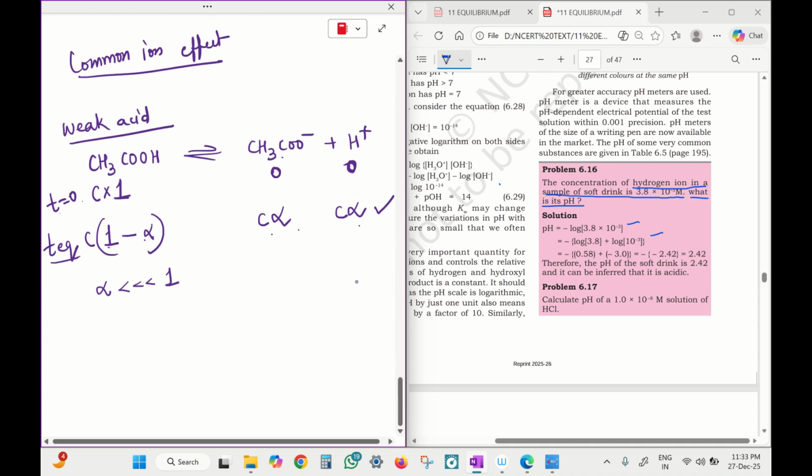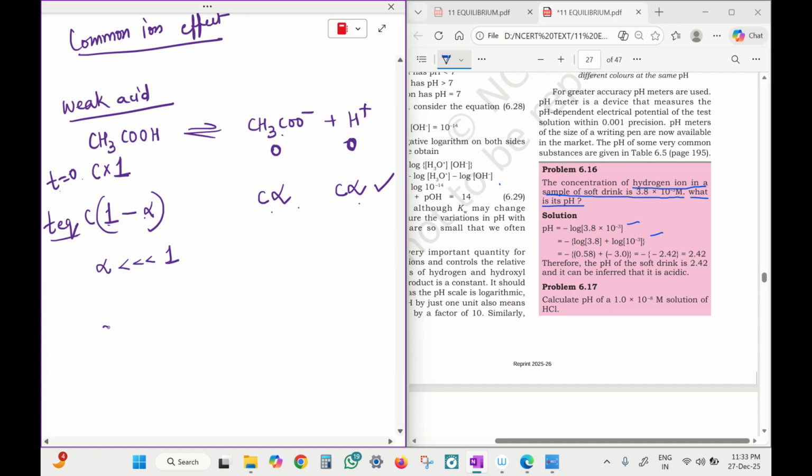Once again, coming back to common ion effect. What is common ion effect? A weak acid dissociates to a very small extent. I told you out of 1 mole, only alpha dissociates, and that alpha is also very, very small.